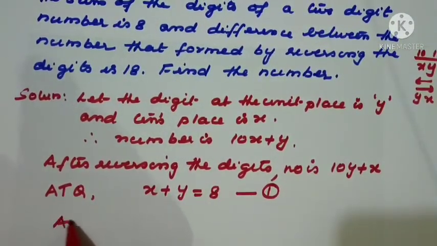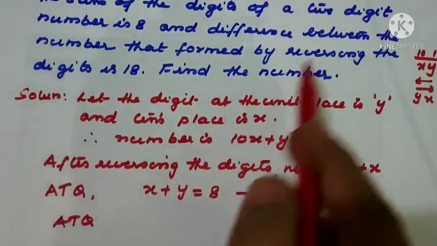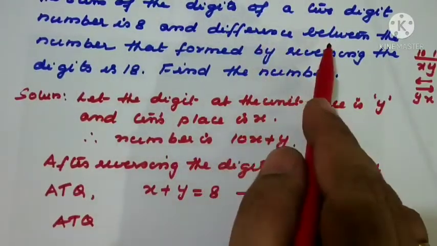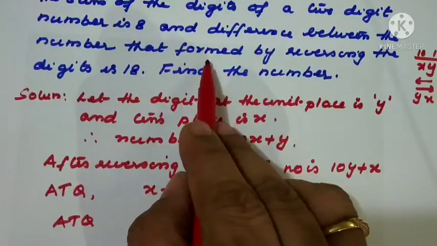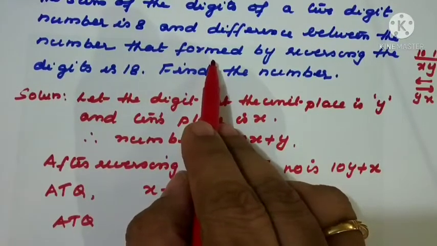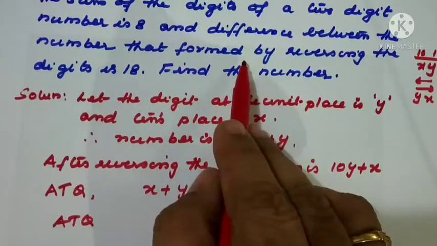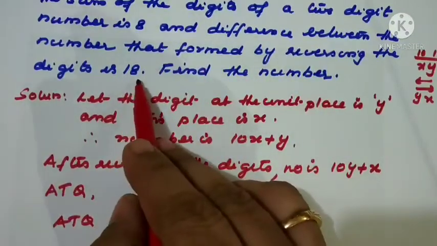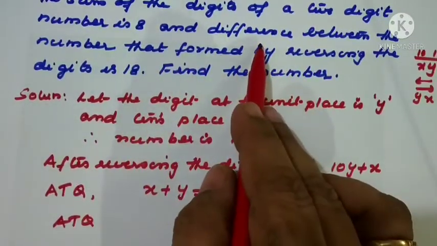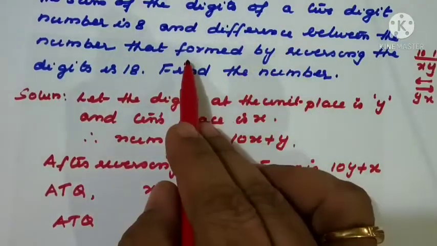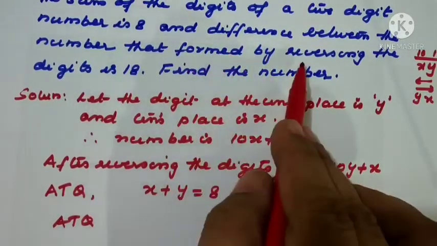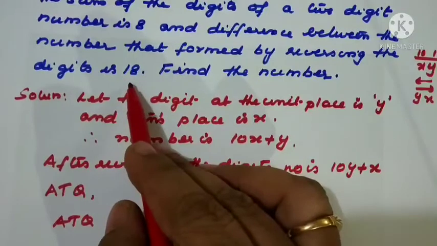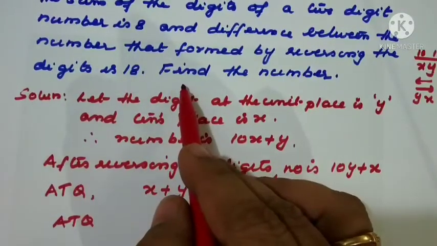Also, according to the question, the difference between the number and that formed by reversing the digit is 18. Once again, the difference between the number and that formed by reversing the digit is 18 only.